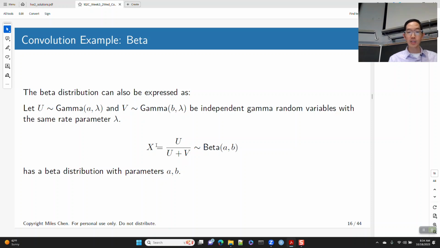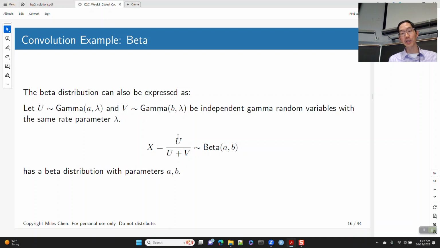you can also take two gamma random variables, U, and then the denominator, again, is U plus V. So again, you don't want to just generate one random gamma with U and one random gamma with some other number that's bigger than U, because the numerator could end up being bigger than the denominator.